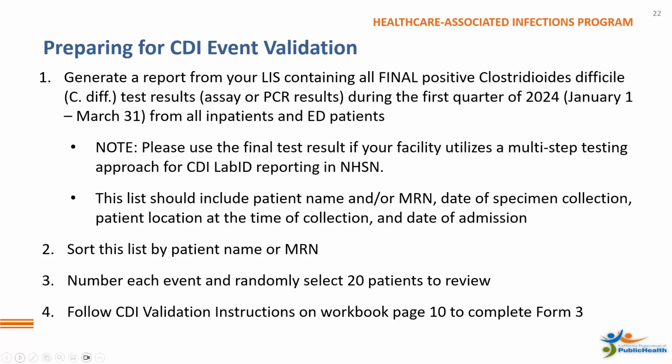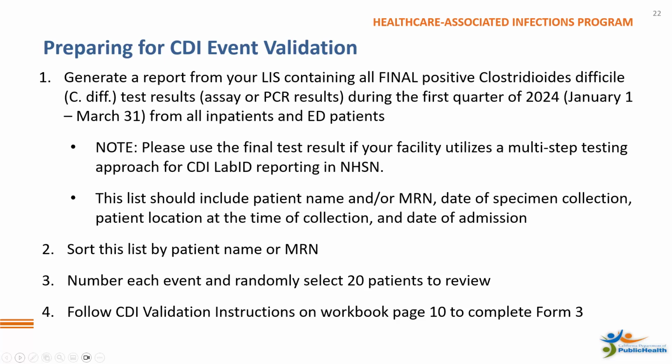So depending on what your testing strategy is, whatever the final test result is, if you're using a multi-step testing approach, you will make sure that you have all of those in your raw data and consider it your final result for those in the final step. And this is for all of the patients. The specimens were collected in the inpatient units or the ED locations from January 1st to March 31st.